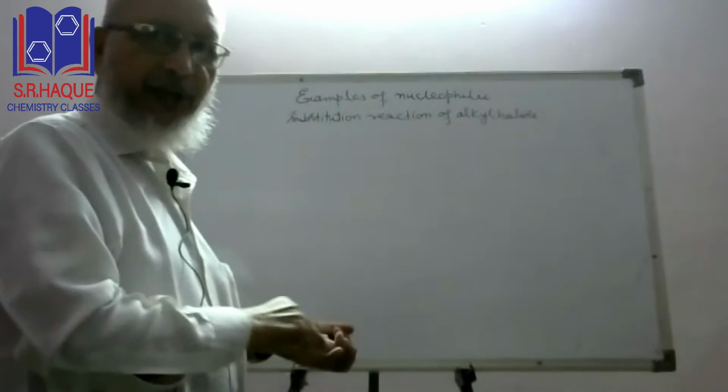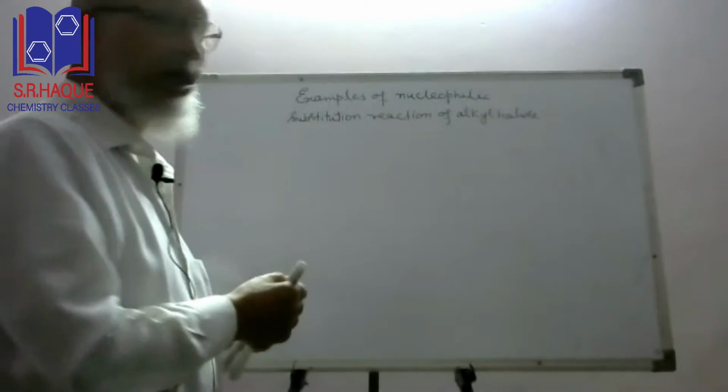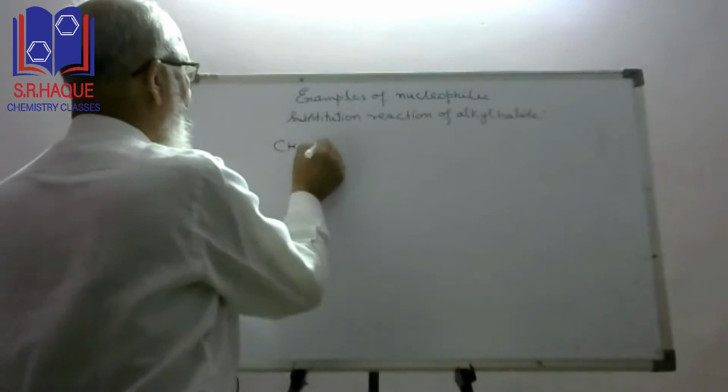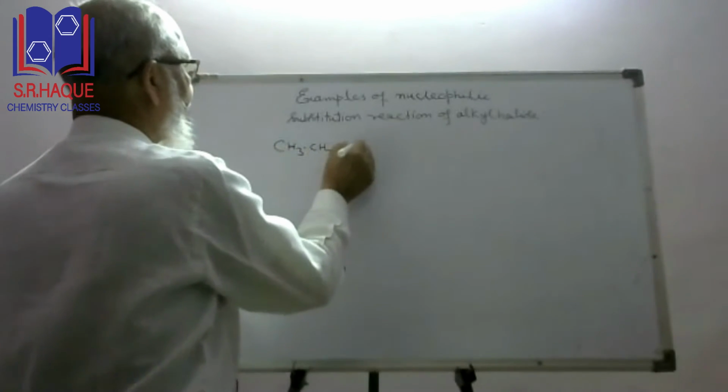For simplicity, I am taking the alkyl halide molecule as CH3CH2Br.